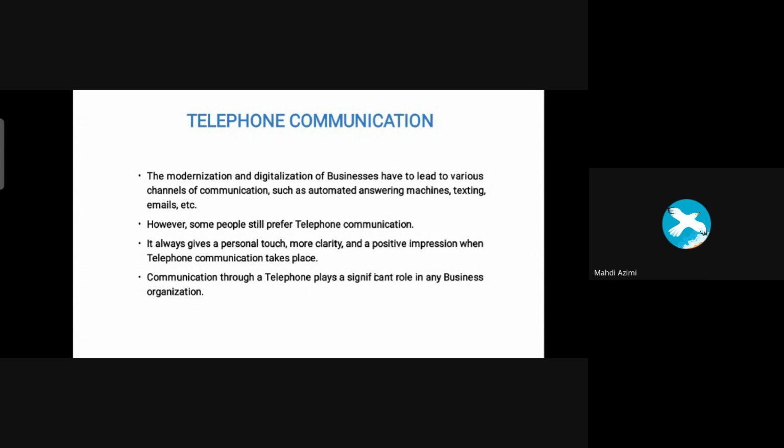So we should always have a positive impact whenever we are talking through the telephone. Apart from that, in any business organization, the telephone plays a very important role.